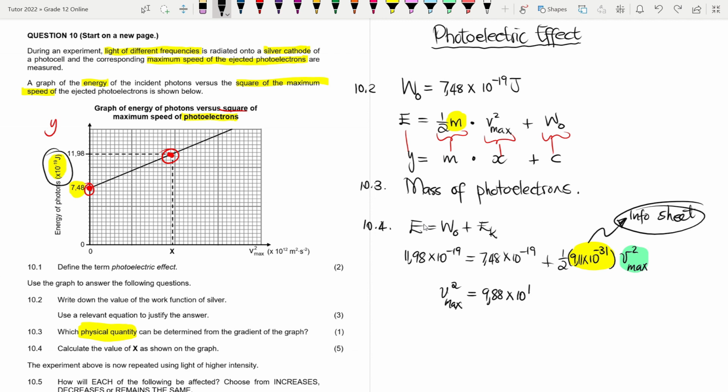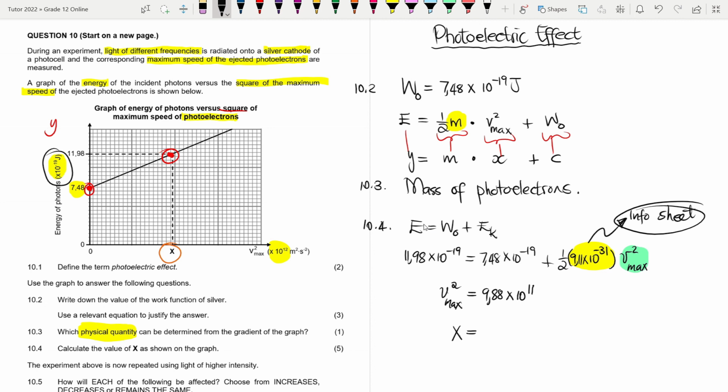So that's my v squared max. But they are only looking for x. So what is my x? What I'm trying to say is that x is already 0.988 times 10 to the power 12, so x would be 0.988.